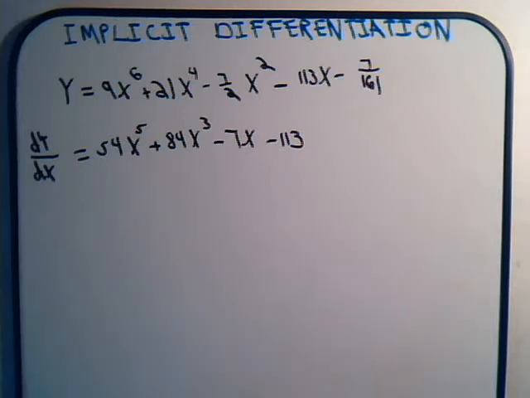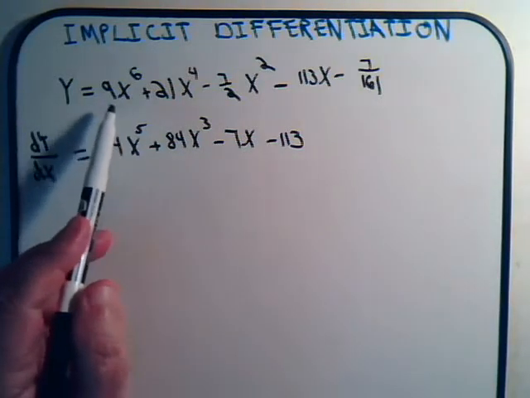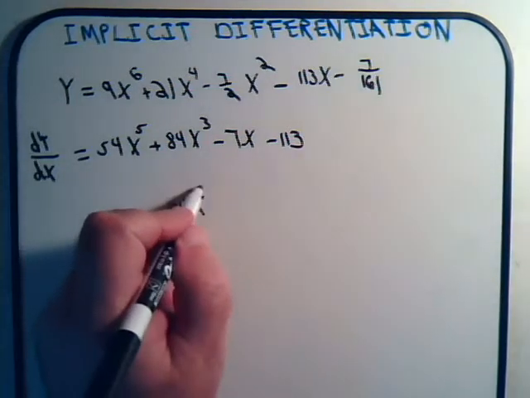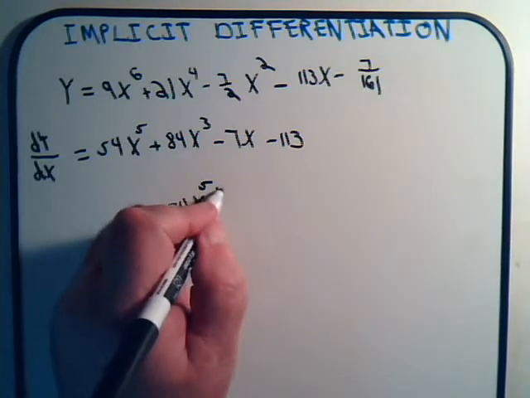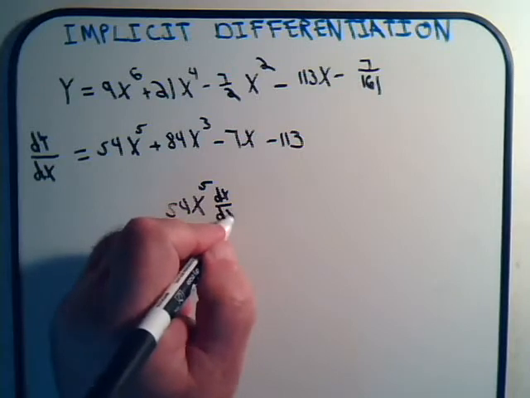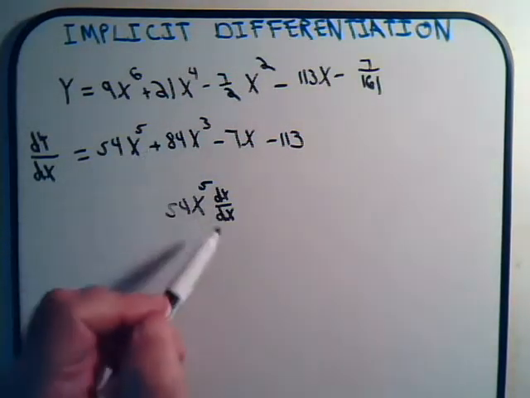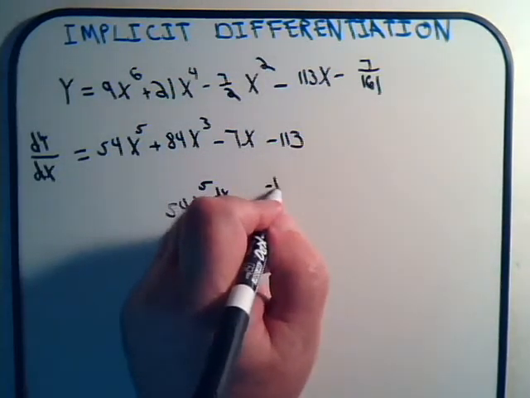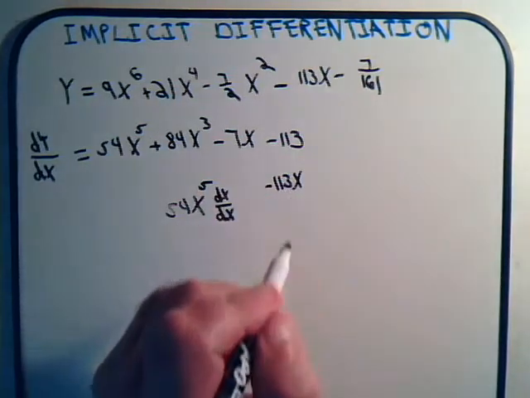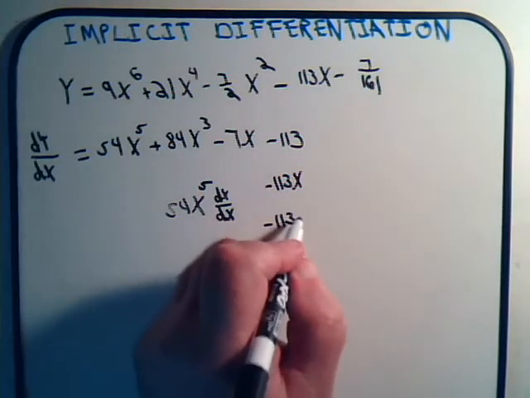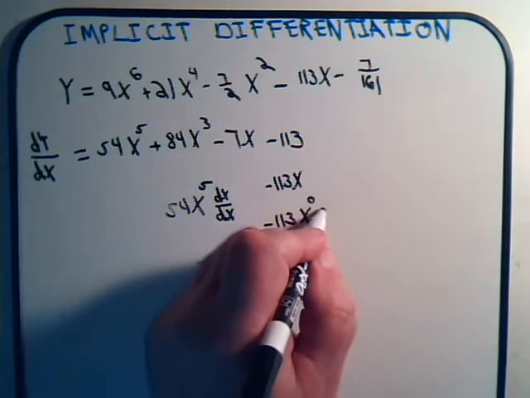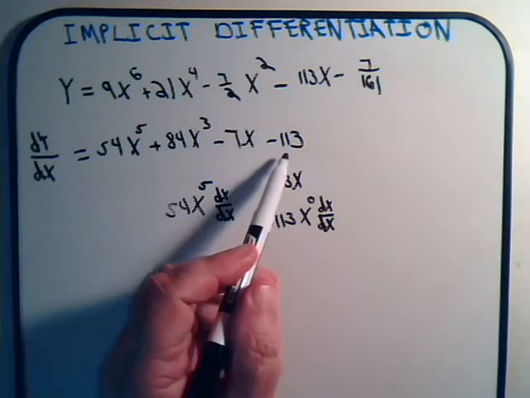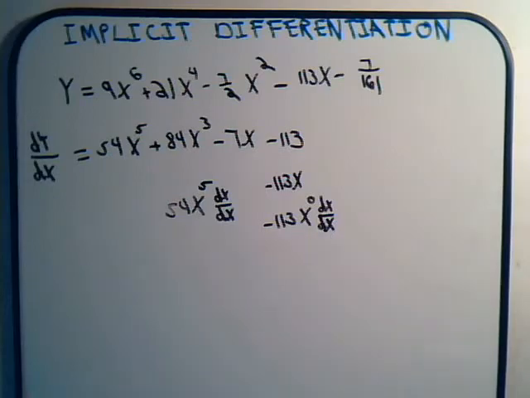One comment we would make is that, for example, when you're taking this derivative here, it's 54 times x to the 5th power, and then it's dx dx, but we don't typically write that down because that's just 1. Or over here where we had minus 113 times x, it would be minus 113 times x to the 0 power dx dx, but we usually don't write all this down because this is just 1.